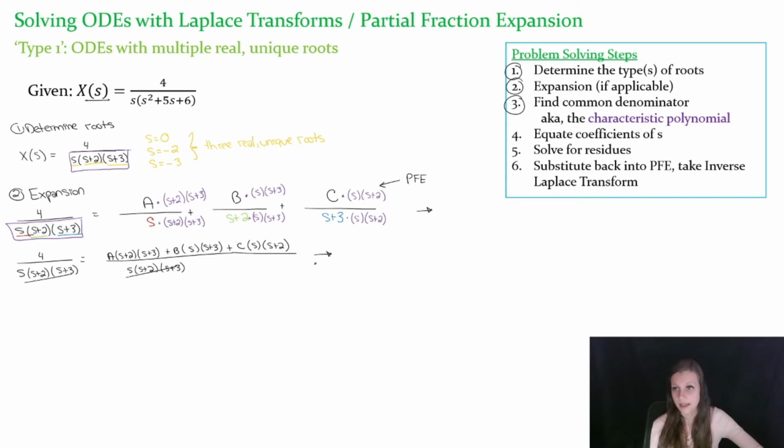So that means I can set the numerators equal to each other. And I'm going to go ahead and expand this out further.